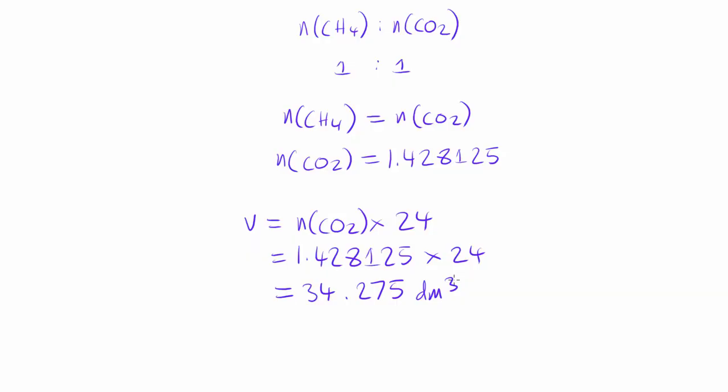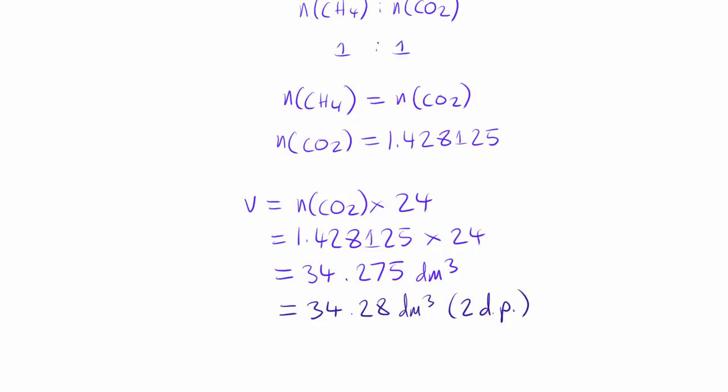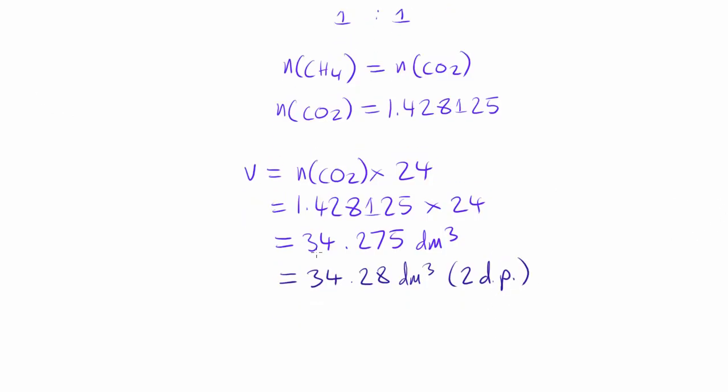We need to do some rounding here. And so if we round this to 2 decimal places, of course, the 5, we're going to need to round it up. So we're going to therefore have 34.28, right? And that's in decimeters cubed. And we can say that that's now to 2 decimal places, okay? And so now this is in effect our answer, all right?